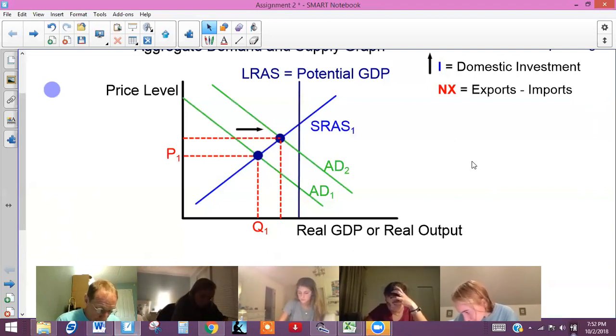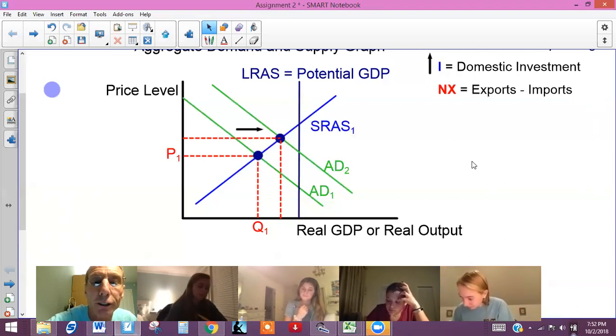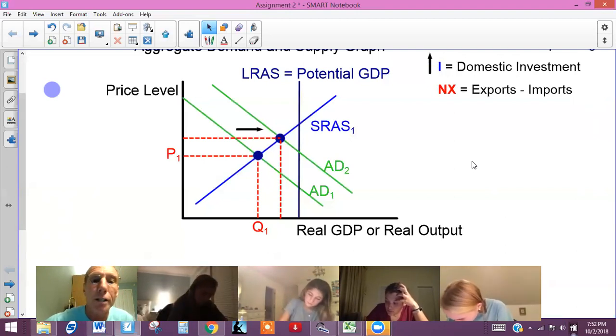And the explanation is because people have more income, and also because domestic price levels in America are going up. That's going to mean people are more likely to buy imports.